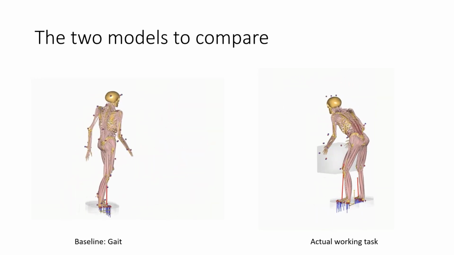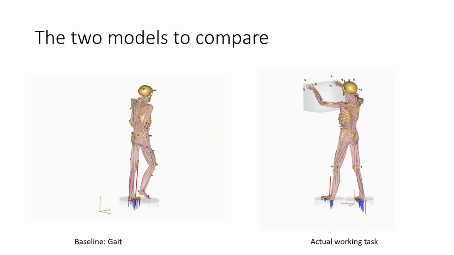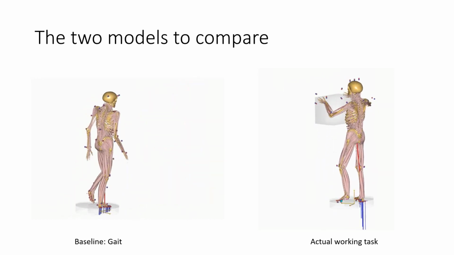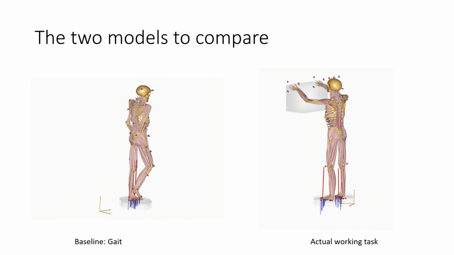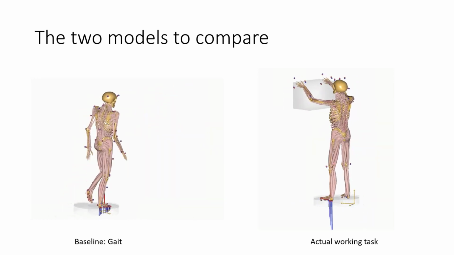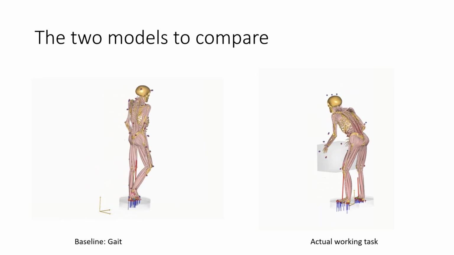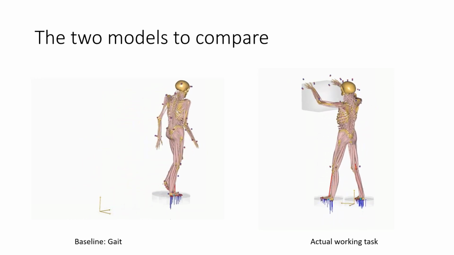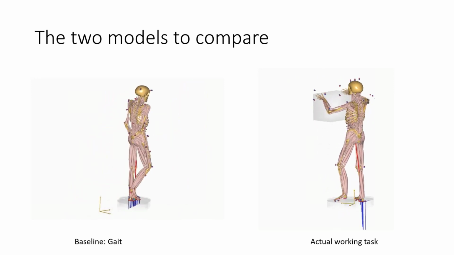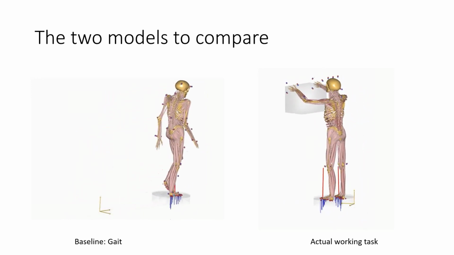And in order to figure out whether the numbers are too big or too small or whatever, we need something to compare them with. And we're using the gait baseline model for that, because we know that gait is something that you can do for a very long time and with a lot of steps every day without being injured by that.